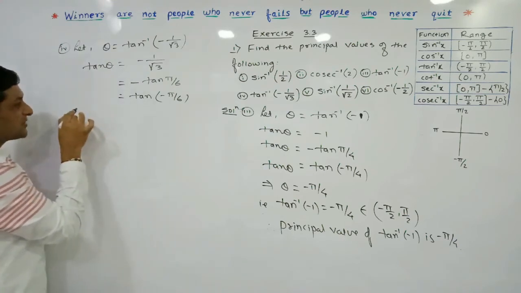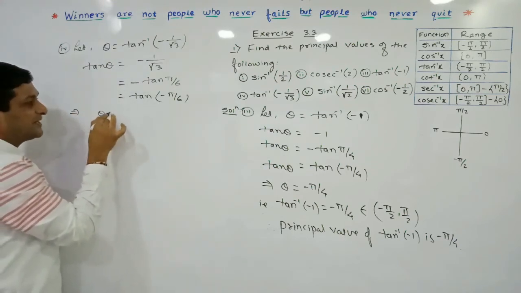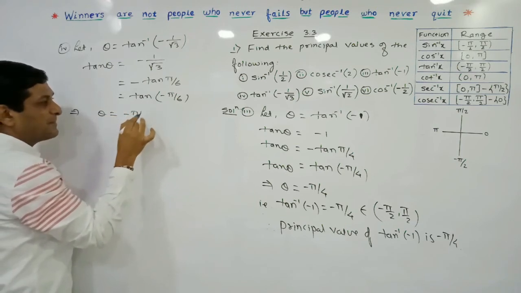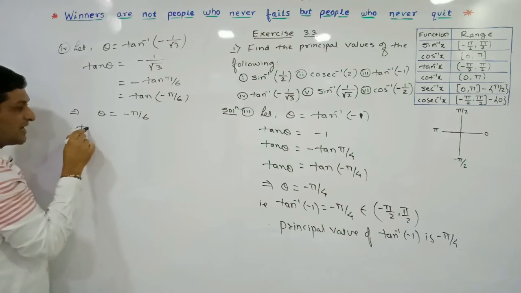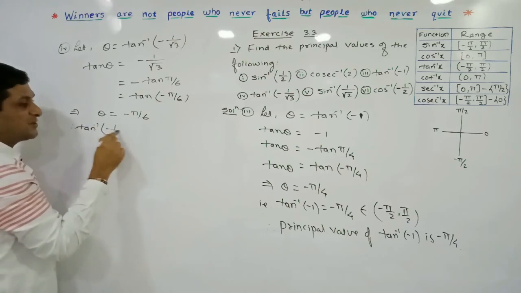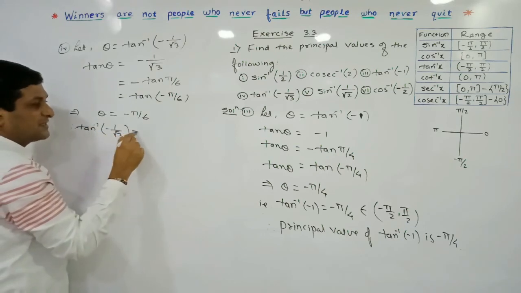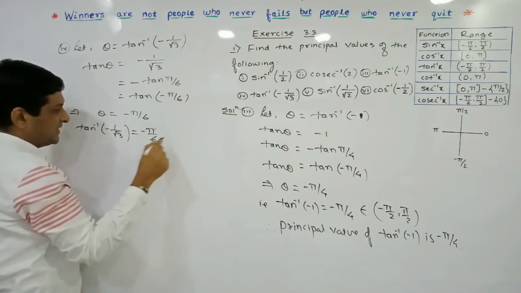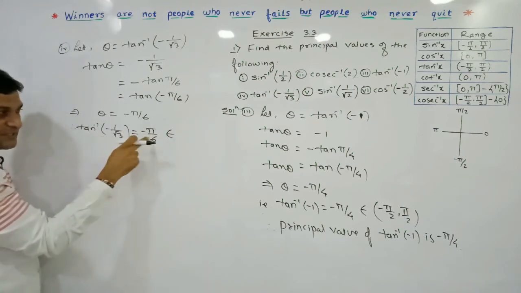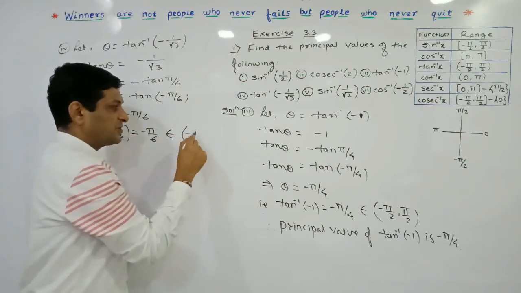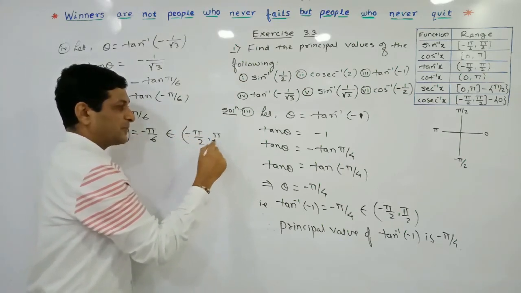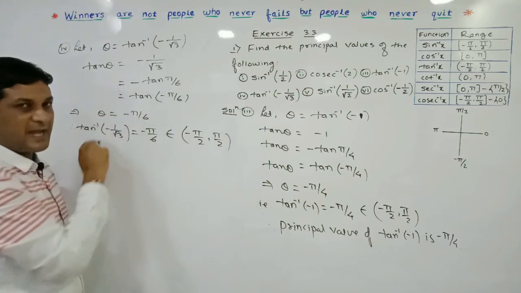So comparing both sides, we can say that theta is equal to minus pi/6. But theta means tan inverse. So tan inverse of -1/√3 is equal to minus pi/6, and check whether this is the value of tan inverse, and it lies in our range. Which range? Minus pi/2 to plus pi/2, which is the range set of tan inverse.